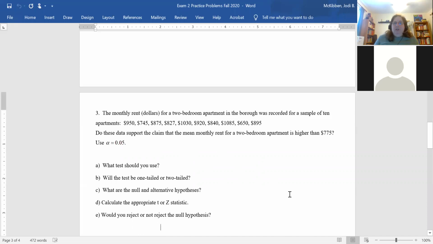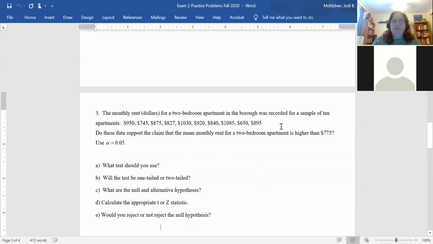Now, can you find the population mean if you look at this? It's the average mean monthly rate for a 2-bedroom apartment. It's $775. That's my mu. What's my X bar? The mean of these 10 apartment prices. What's my N in this case? 10.